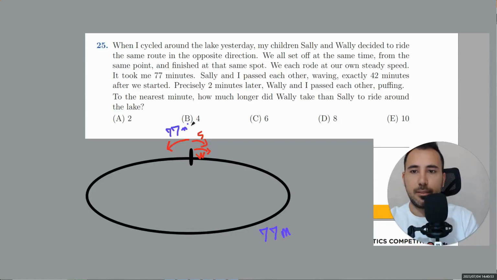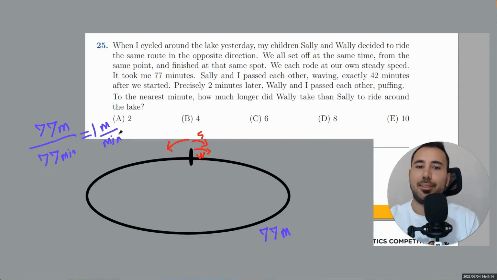So what is the speed of the mother, for example? It would be 77 meters in 77 minutes. So the speed of the mother would be 1 meter per minute. That's slower than a snail, but that's okay.